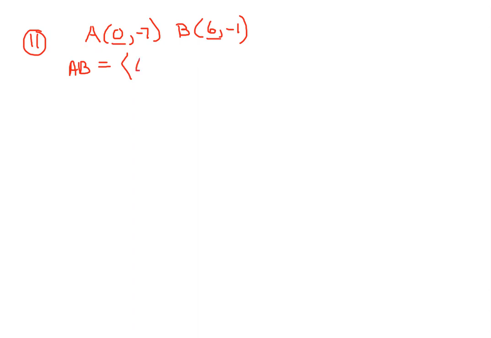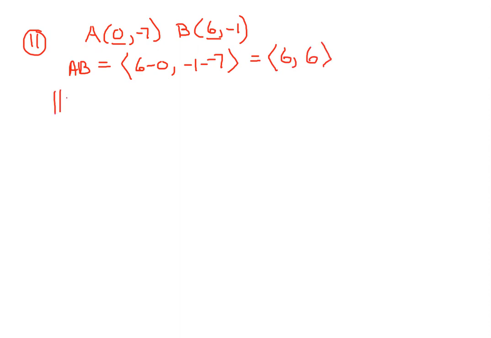Let's look at number 11. Oh, number 11 doesn't even give us the component form. We actually have to find it before we can find the unit vector. So we have 2 points. And we first have to find the component form of AB. And remember that it has to be terminal minus initial. So 6 minus 0, and -1 minus -7. So the component form is (6, 6).